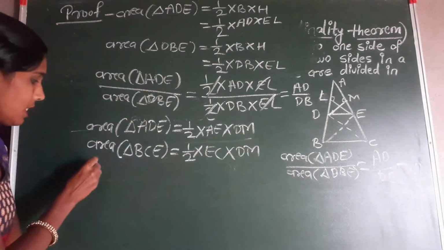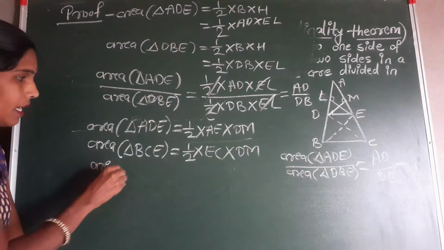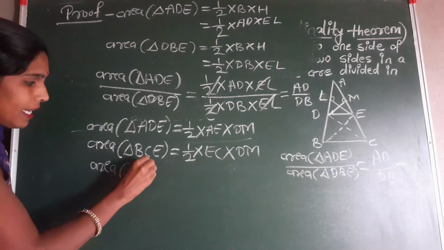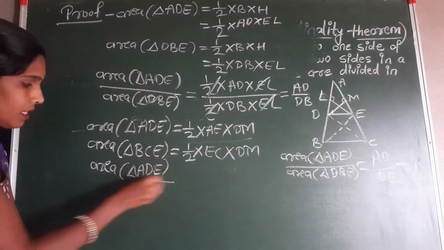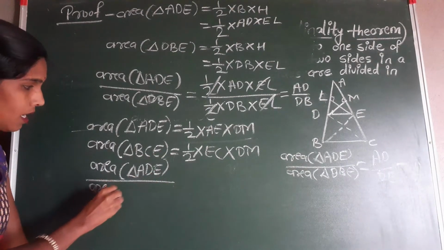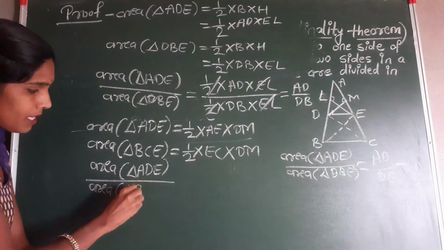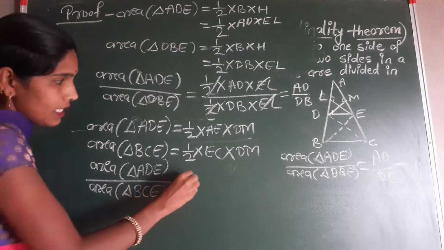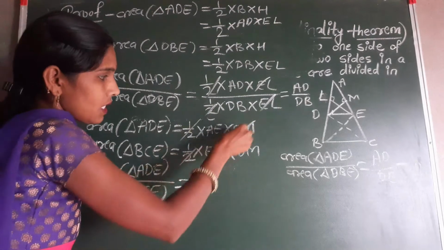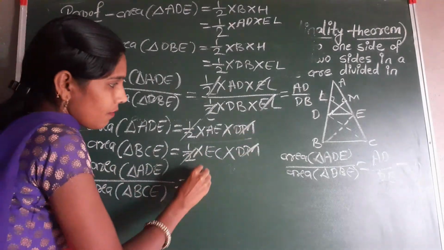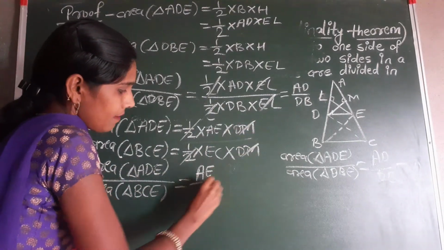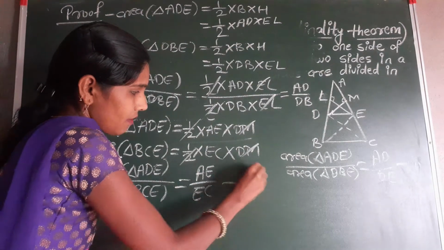Now divide: area of triangle ADE divided by area of triangle BCE is equal to, this one gets cancelled, we got AE divided by EC.